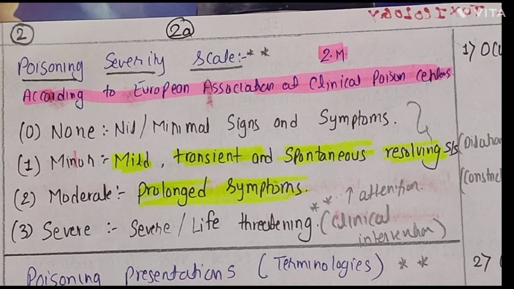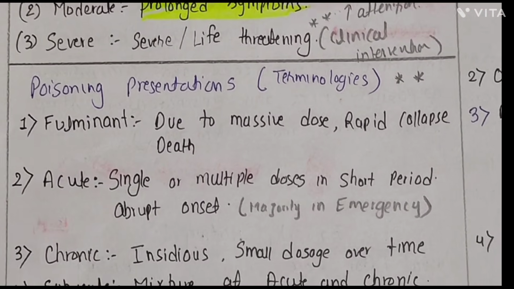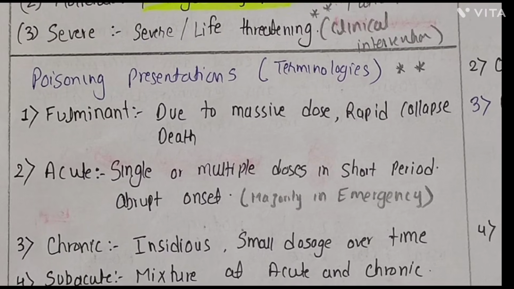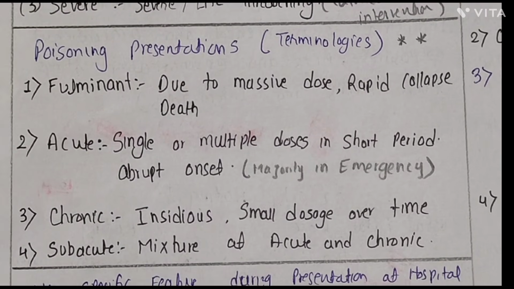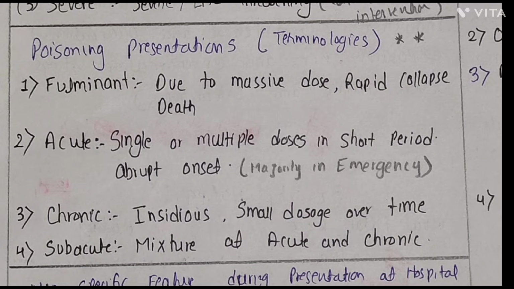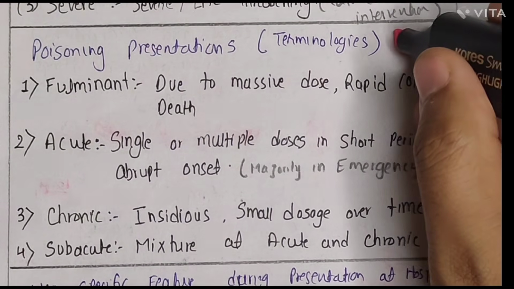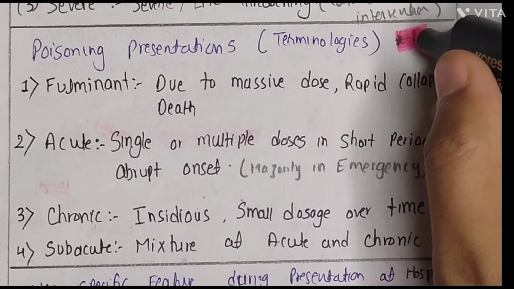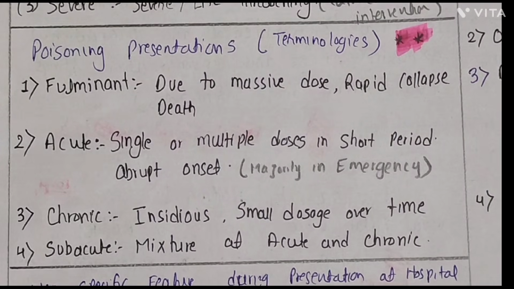Now, some other important concept from a 2 marks point of view, that is poisoning presentations. Some terminologies we are going to discuss here. These are again very, very important from an exam point of view in your sessional and your final examination. So we need to be aware of that. Wherever I am keeping these star marks, you have to understand these are important from an exam point of view.